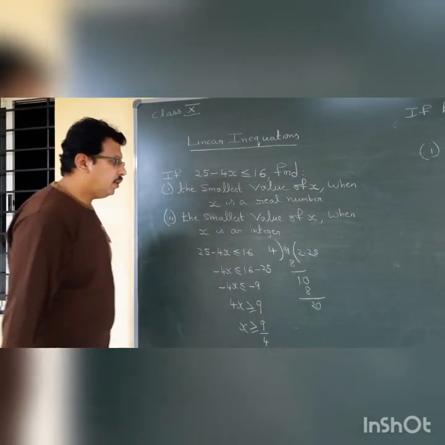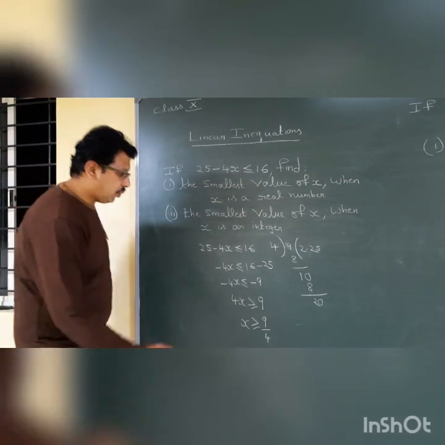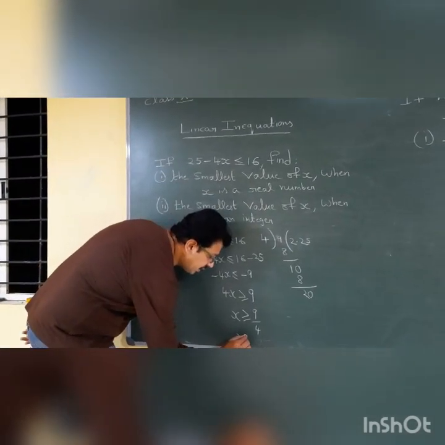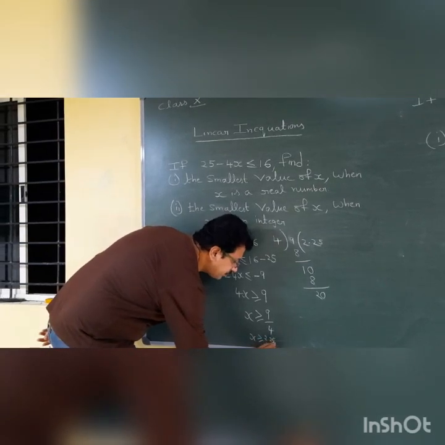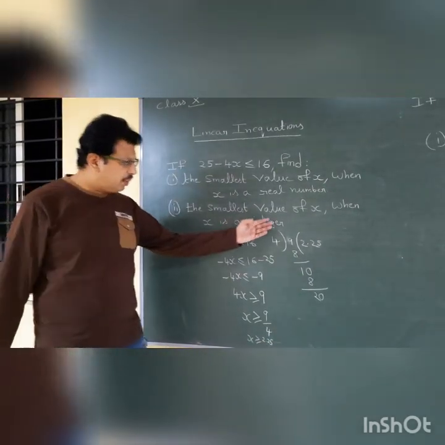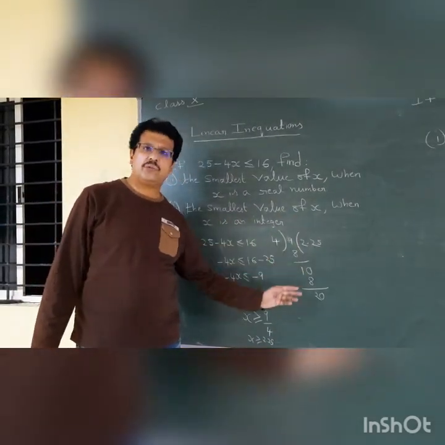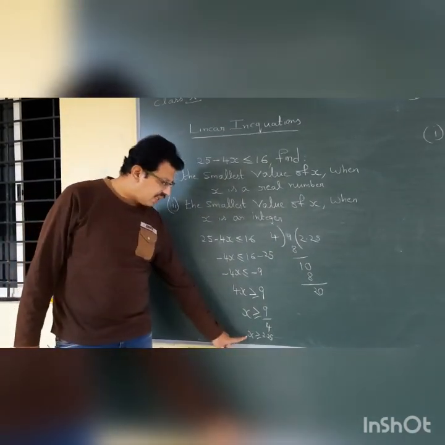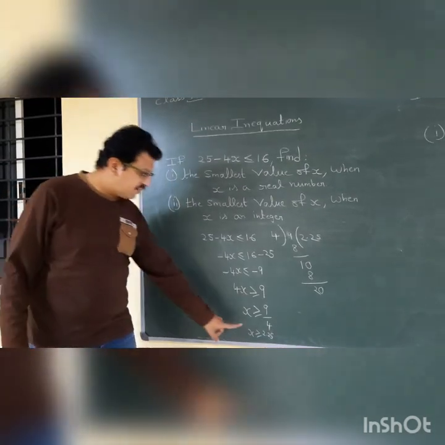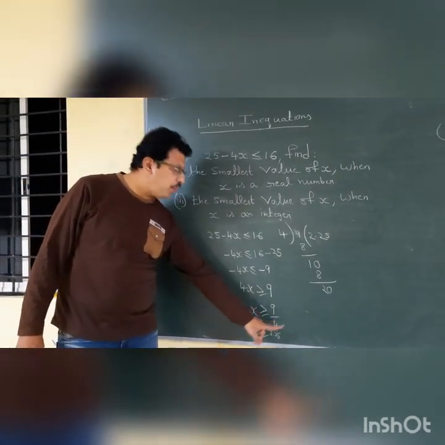So it is going to be 2.25. I have seen some children make mistakes in this division also, so be very clear about the division, children. So you should understand what inequation is coming: x is greater than or equal to 2.25.